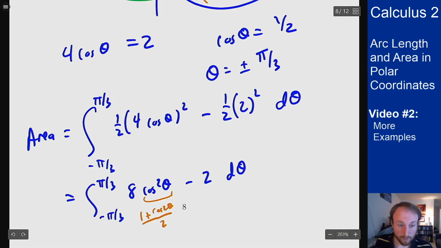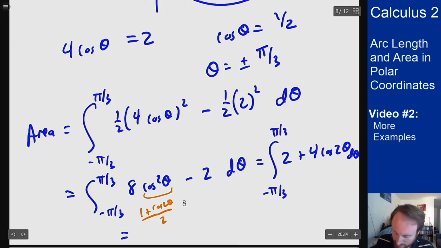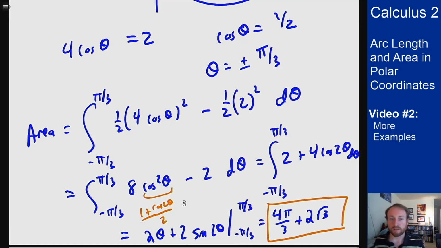And so that's going to be a 4 plus a 4 cosine 2 theta minus a 2, which gives me an integral from minus pi over 3 to pi over 3 of 2 plus 4 cosine 2 theta d theta, which I can then integrate to get 2 theta plus 2 sine of 2 theta from minus pi over 3 to pi over 3, and then plugging this in gives me 4 pi over 3 plus 2 square root of 3 for the answer.